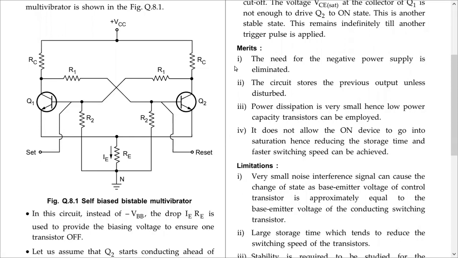Now tell me, the flow of current will be in which path? Case 1, case 2. We are considering Q1 off, Q2 on. Will the current flow in this path, case 1, or in this path, case 2? Please answer.